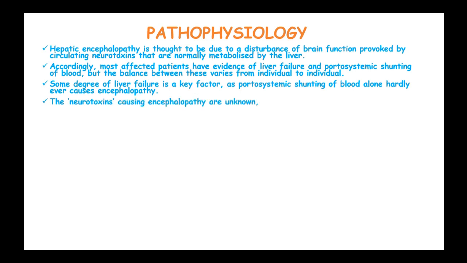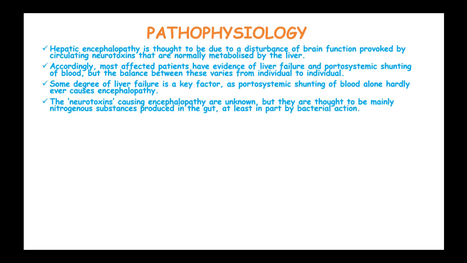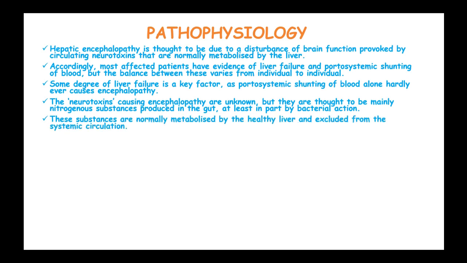The neurotoxins causing encephalopathy are unknown, but they are thought to be mainly nitrogenous substances produced in the gut, at least in part, by bacterial action. These substances are normally metabolized by the healthy liver and excluded from the systemic circulation.